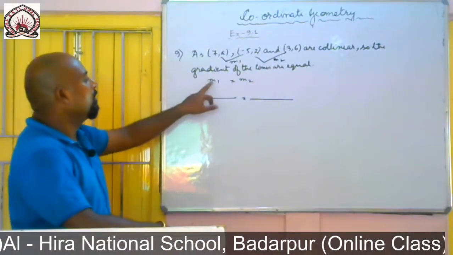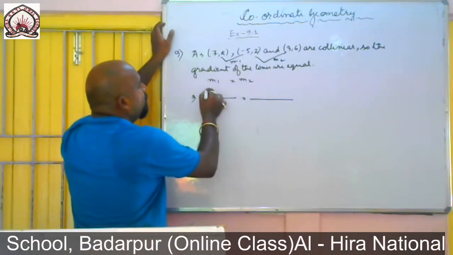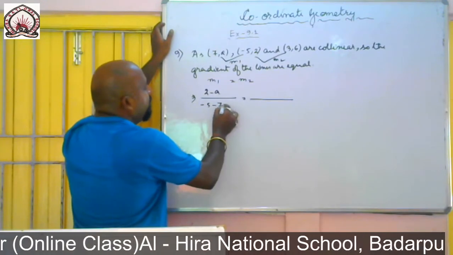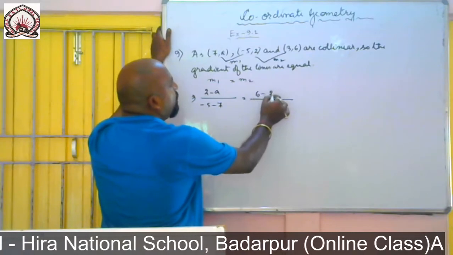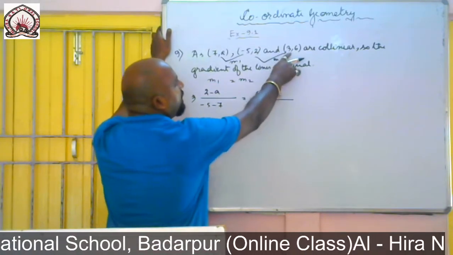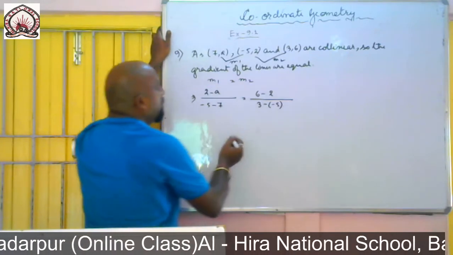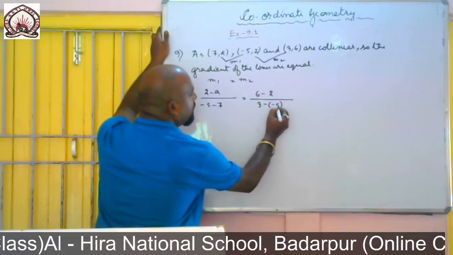Now what is m1? m1 equals the change in y coordinate, 2 minus a, by minus 5 minus 7. And m2 is 6 minus 2 divided by 3 minus minus 5.